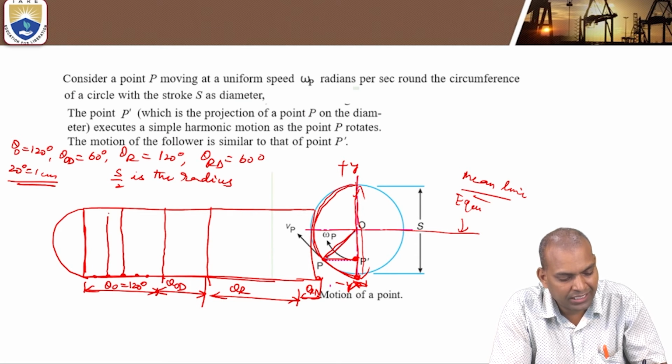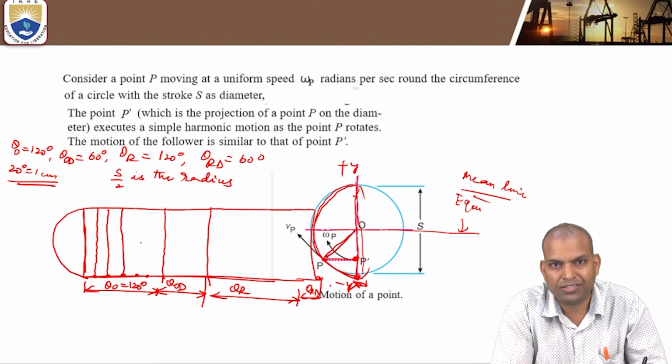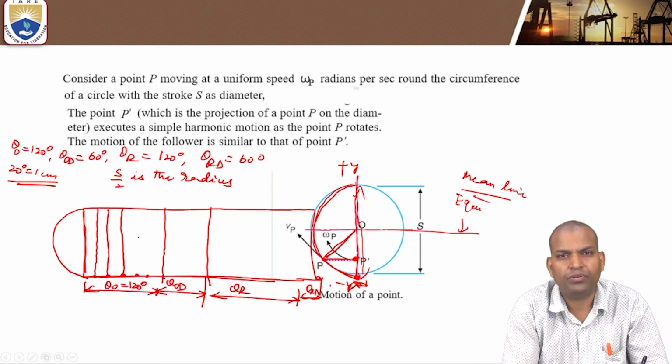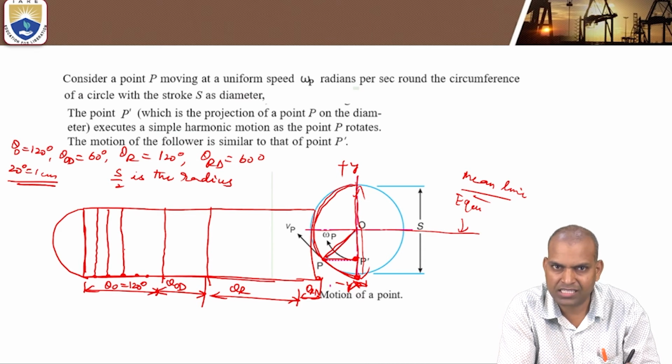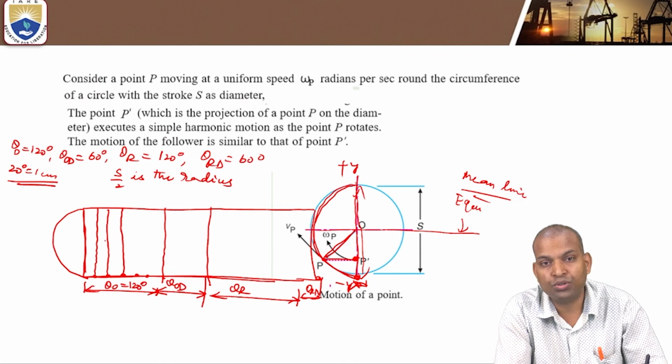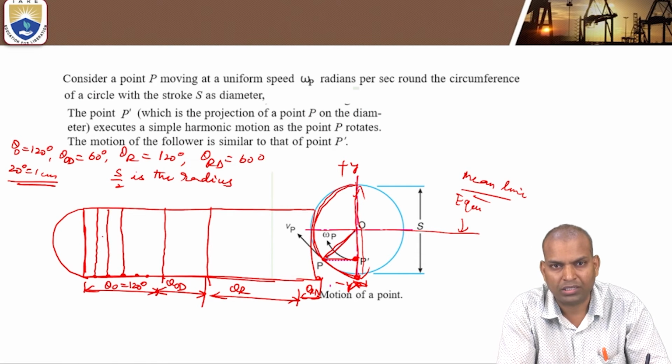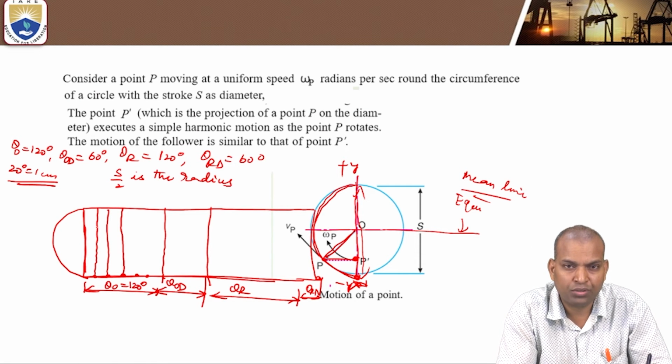Why are we drawing vertical lines? These vertical lines are the lines of motion of the projection of point P. That is, the P dash path is along the vertical lines. These vertical lines denote the path of the follower, the path of P dash.